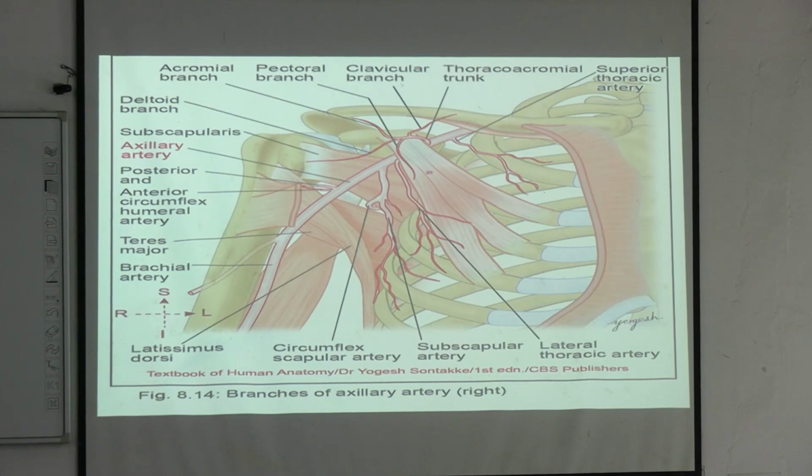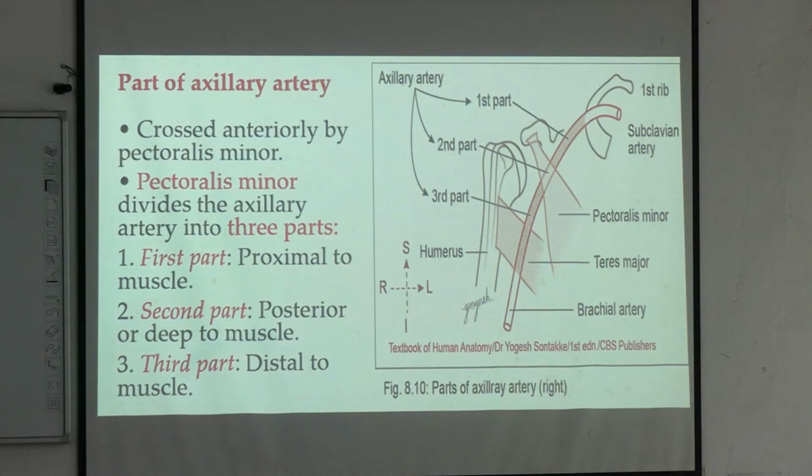Okay, understood? So, below this level, it continues downward as the brachial artery. So, these are the branches of the axillary artery. And from the thoracoacromial, it is giving four branches. Clavicular branch, here is the acromial branch, deltoid branch, pectoral branch, you have seen already.